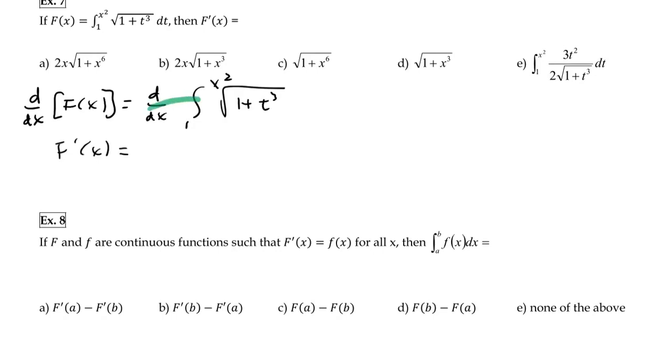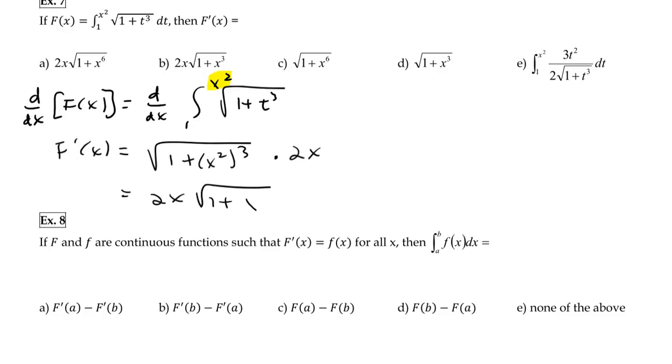They kind of undo each other. This goes in for t, and the biggest thing is don't forget to multiply by the derivative of the upper bound. So if x squared goes in for t, I'm going to get 1 plus x squared cubed, and then I multiply by the derivative of the upper bound, which is 2x the square root of 1 plus x to the 6. And where is that? This looks like a multiple choice. It looks like it's letter A.